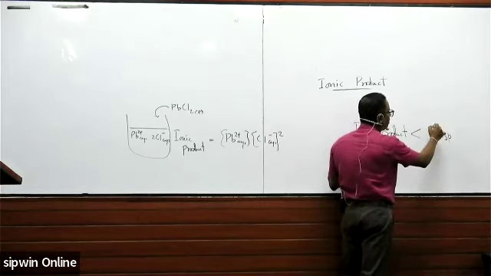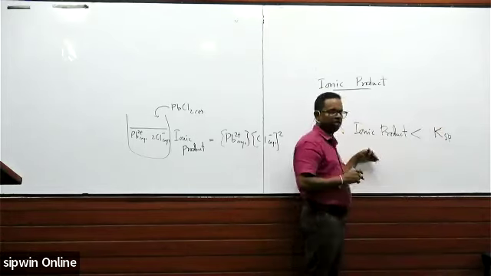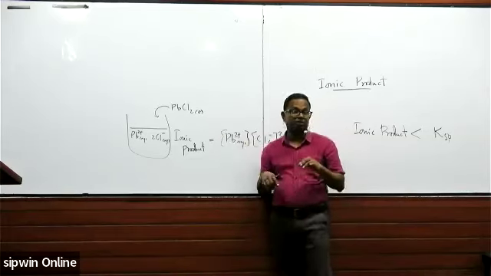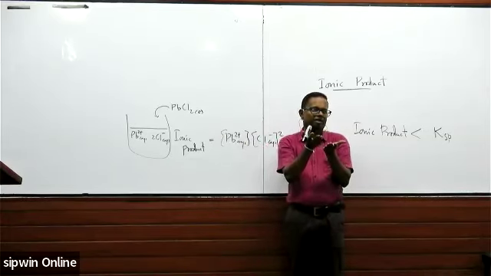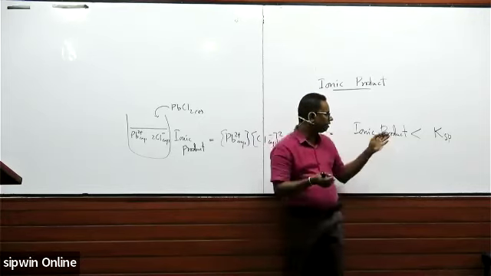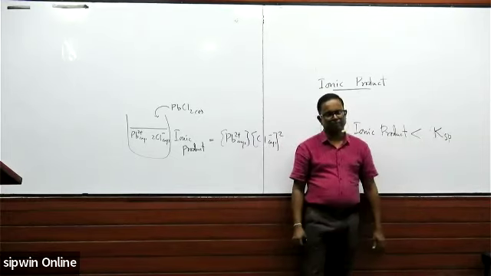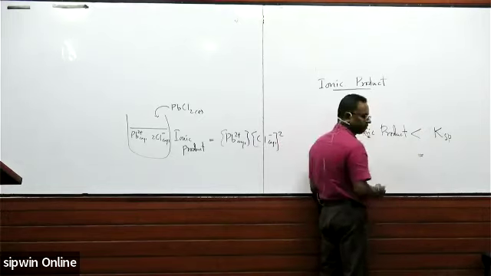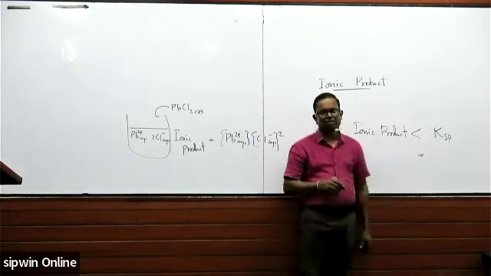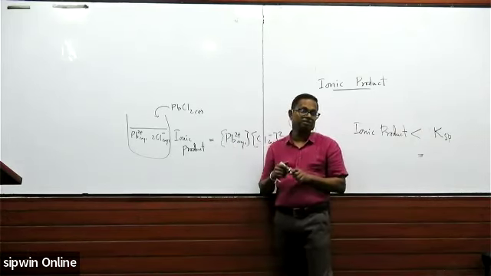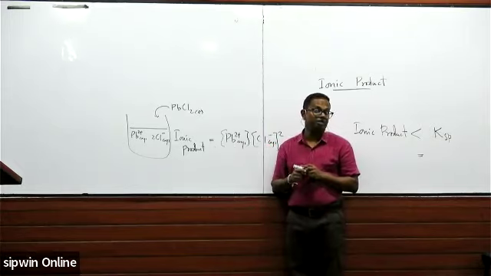Ionic product less than KSP means not reached saturation. Dissolving further lead chloride means the ionic product gradually increases. Coming to saturation means the ionic product equals KSP. Somewhere the ionic product tends to increase beyond the KSP.